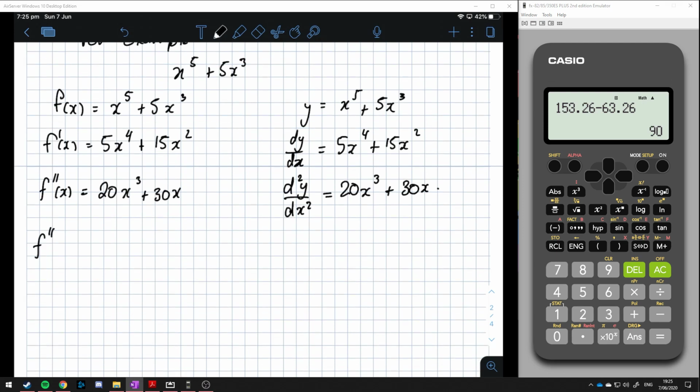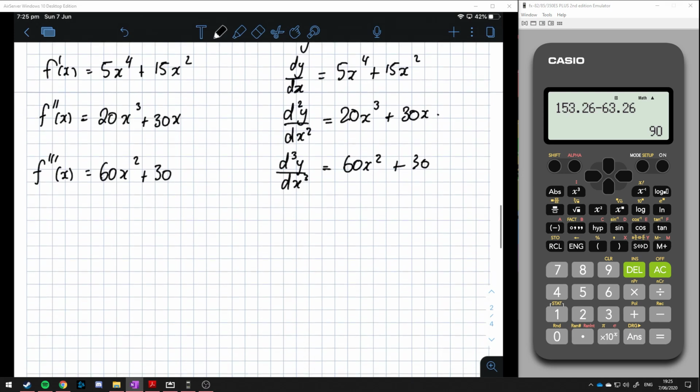So f triple dash is usually the next one we go to. Taking the 3 down, we get 60x squared plus 30. So the x becomes x to the power of 0 and the 1 comes out the front. Or this is d cubed y over dx cubed, and that's equal to 60x squared plus 30.